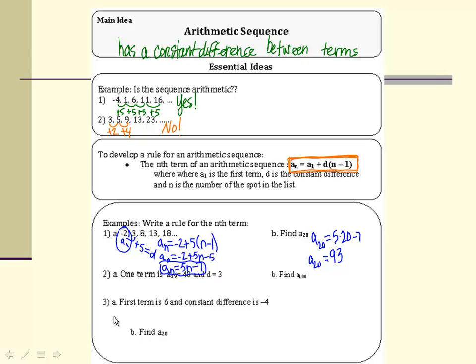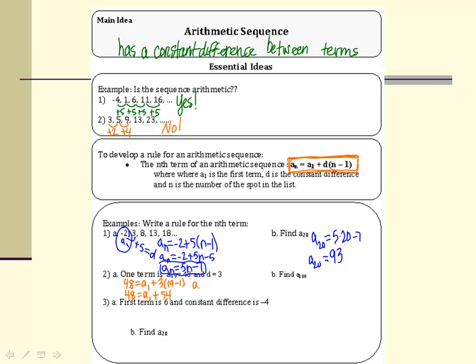So for a sub n, I'm going to plug in 48 equals a sub 1, we don't know, so we're going to keep that a sub 1, plus my difference is 3 times the quantity n, which is 19. See right above where I wrote this 19, it says a sub 19 minus 1. So if we simplify, we have 48 equals a sub 1 plus 3 times the quantity 19 minus 1 is 54.